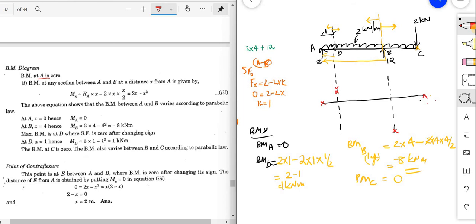This is all a UDL, therefore I have to join by a parabola. All the points are joined like this, so this will be my bending moment diagram. Here it will be positive, here it will be negative.